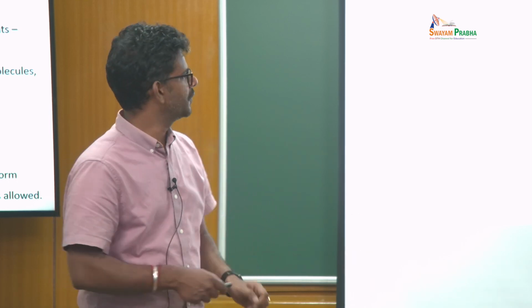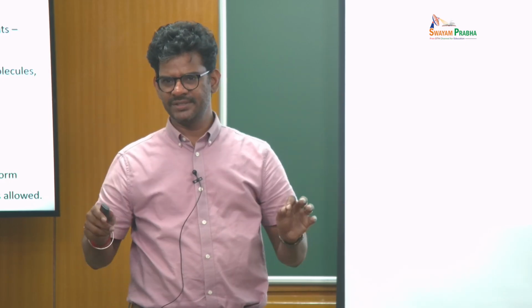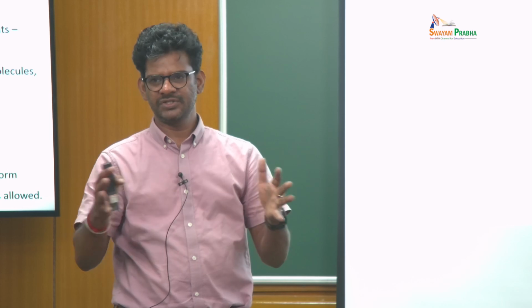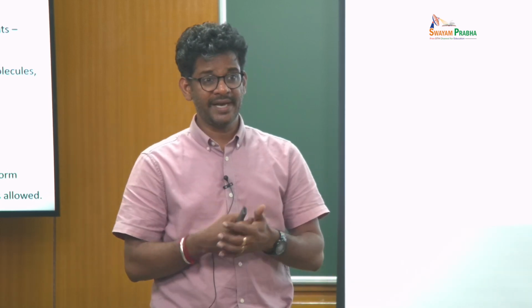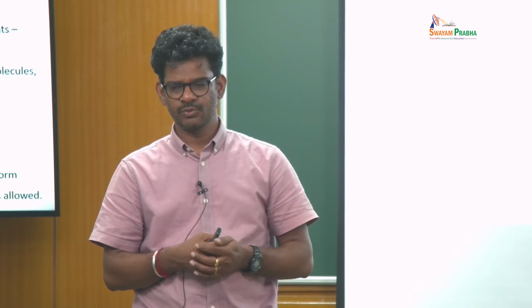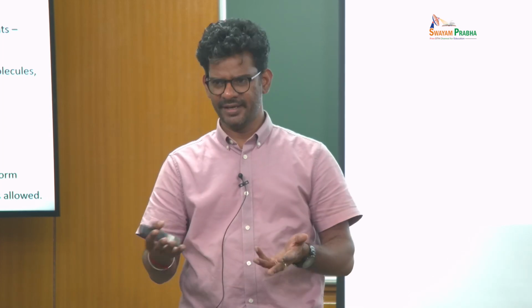If you consider metals, crystals form throughout. Nucleation can happen in multiple places, and all these crystals can grow. You get what is called a polycrystalline material. Between those crystals, you have something called grain boundaries. That is the nature of a metallic crystal. When I say metallic crystal, I am talking about, let's say, nickel, iron, copper, those kinds of metals.